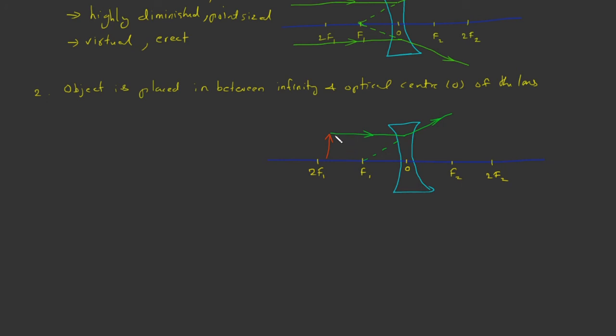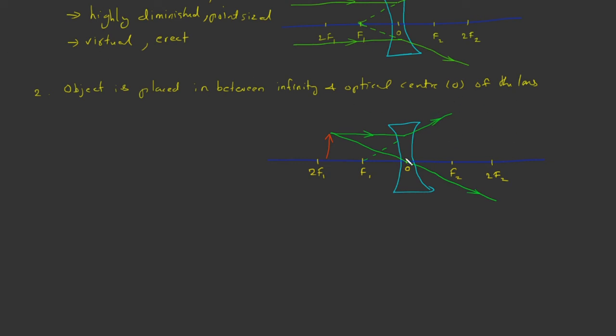Second ray is a ray passing through the optical center. We know it will pass without any deviation. So, these two rays are diverging rays. So, it will not meet at any point here.